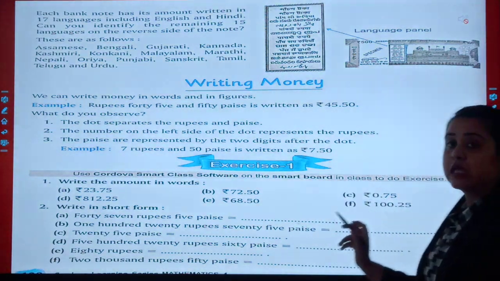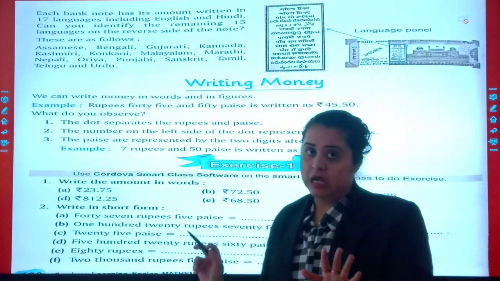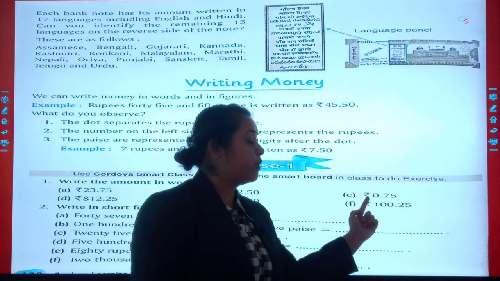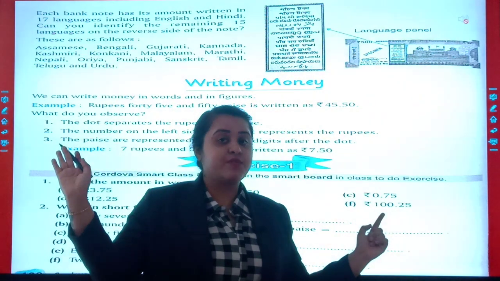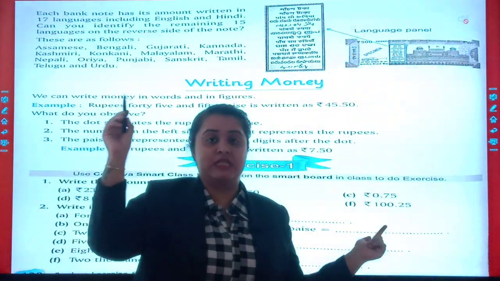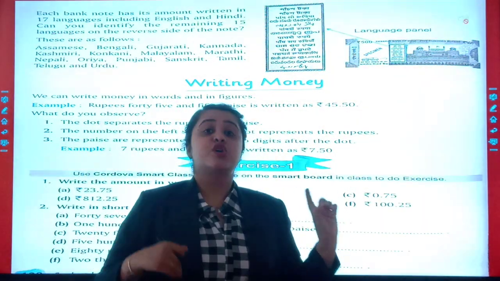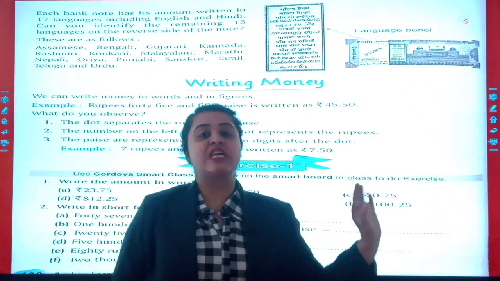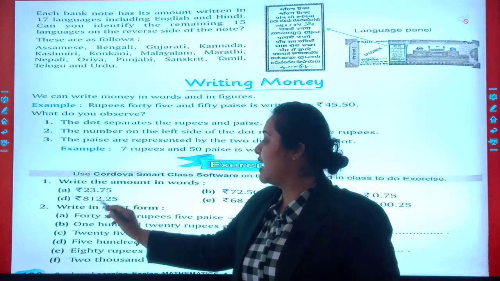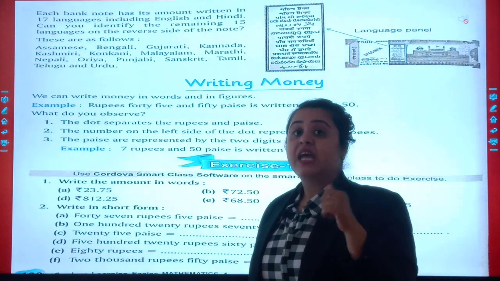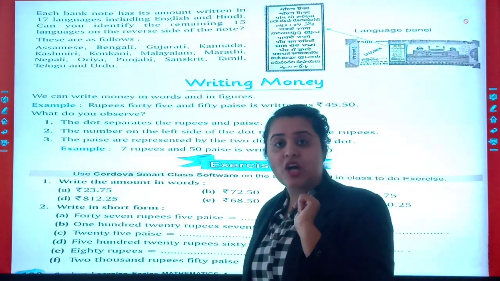Third, 75 paisa. You can see rupees means 0 dot. What does the left hand side of the decimal represent? The amount of rupees. But there are no rupees. So I will only mention 75 paisa. Okay. Fourth. Rupees 812.25. So what will you be writing in your answer?